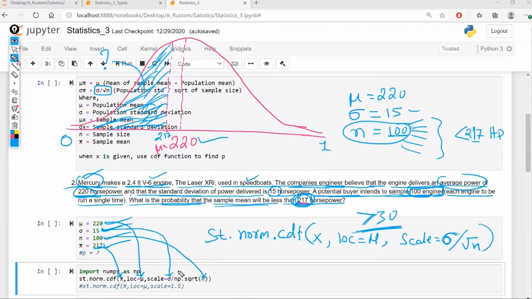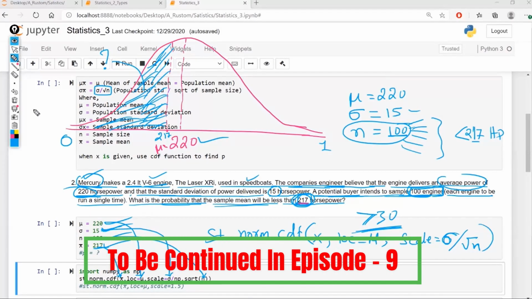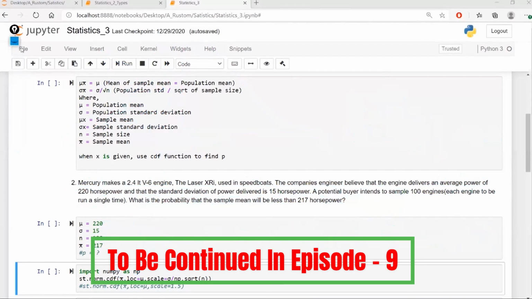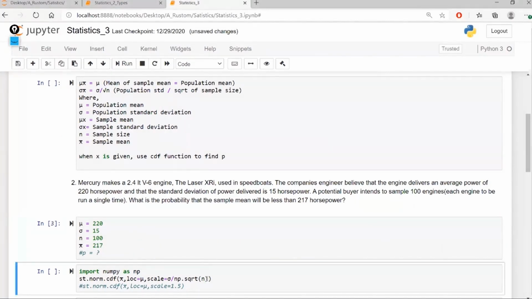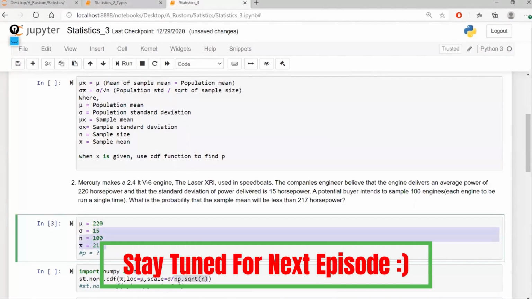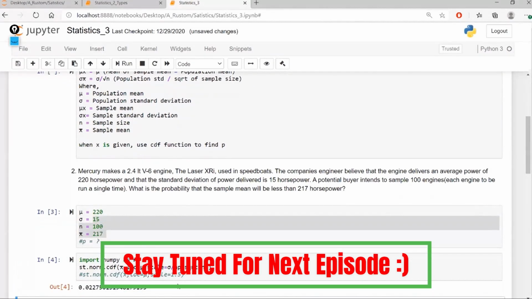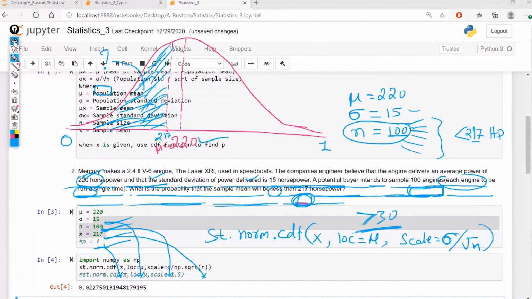So if I use this formula and plug in those numbers, let's execute this. It is giving me 0.022. If I multiply by 100, you can get it as a percentage.